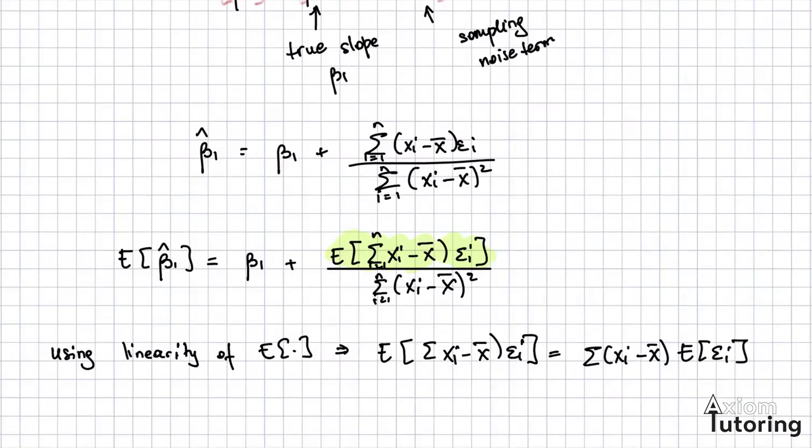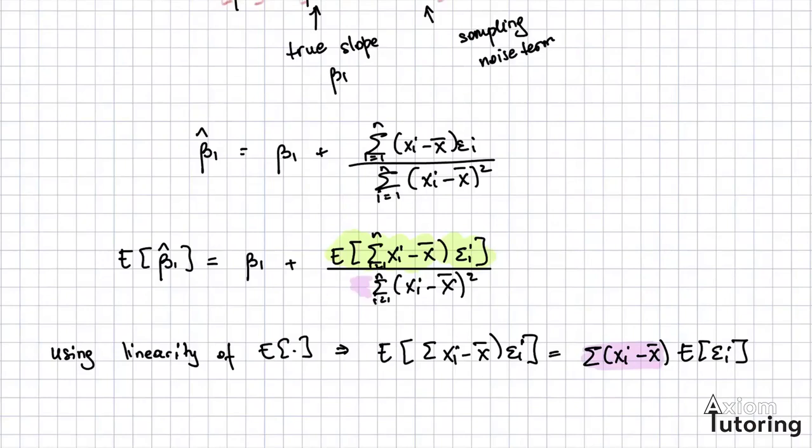This step might make it clearer why I don't have the expectation in the denominator: the expectation of it is just going to be exactly that number that we have there. By that same principle, we see this expression coming in front of the variable epsilon i, to which we apply the expectation.